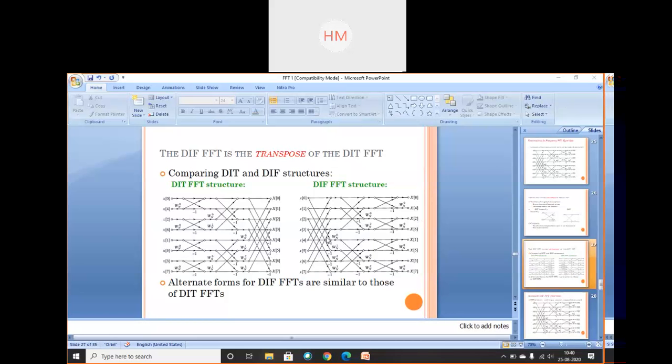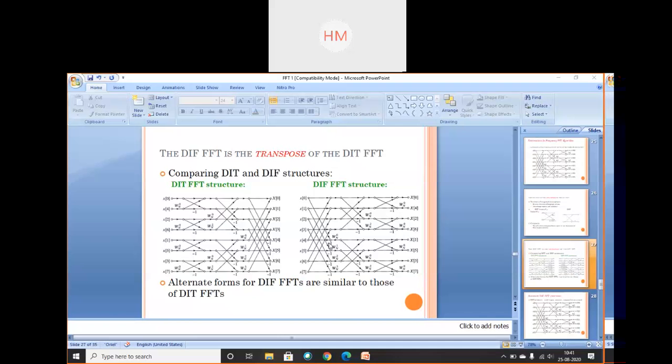And how we are moving here, all the twiddle factors will be acting at the input side. See, WN0, WN0. And here what is happening, all the twiddle factors are at the output stage of decimation. That means while starting drawing the diagram in DIF, from input line only you have to make the interconnections.